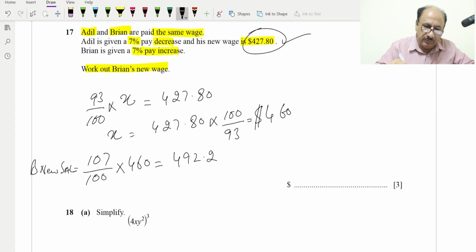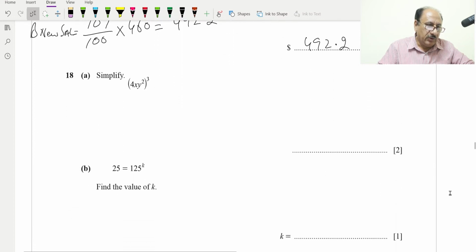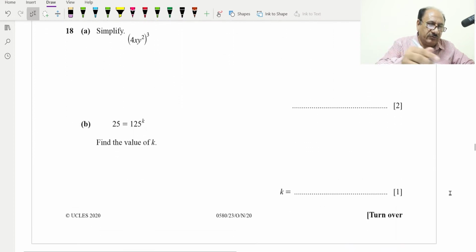This will be the final answer, 492.2. So after a 7% increase, Brain is getting $492.2.